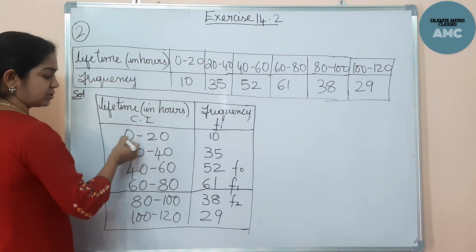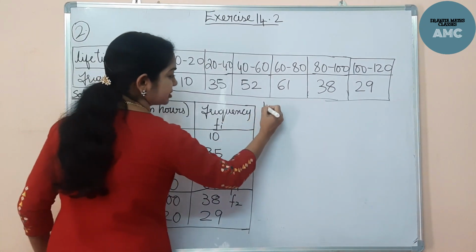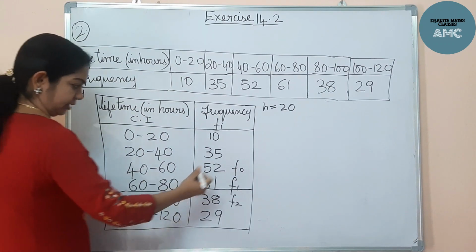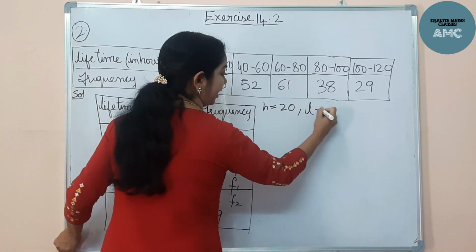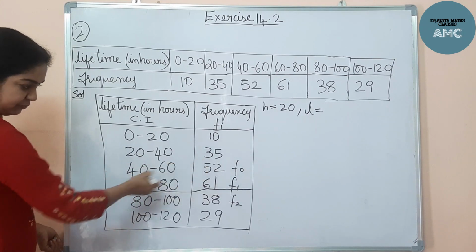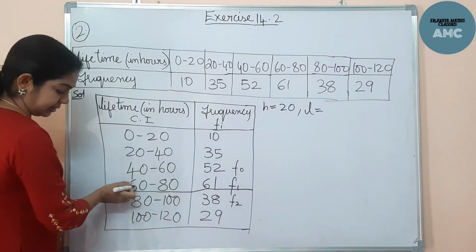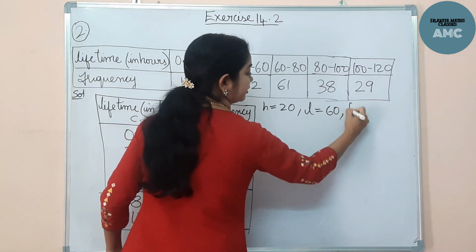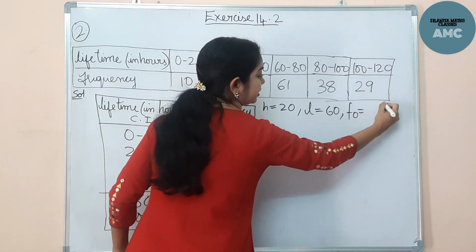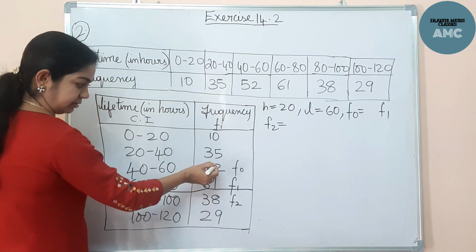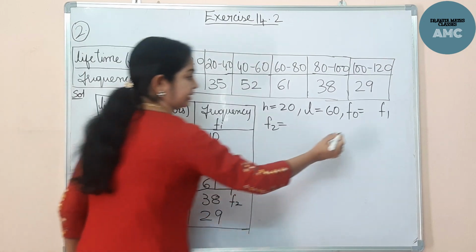Here, the size of the class interval H is equal to 20 and L is the lower boundary of the modal class. Here it is 60. Now we will note down F0, F1 and F2.